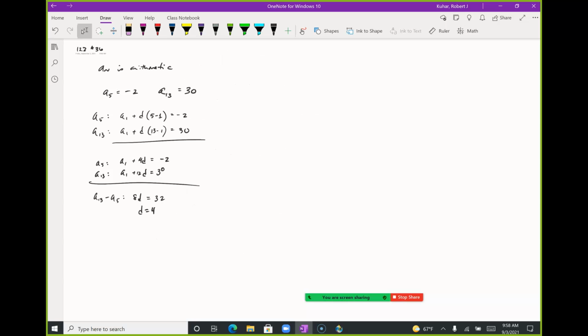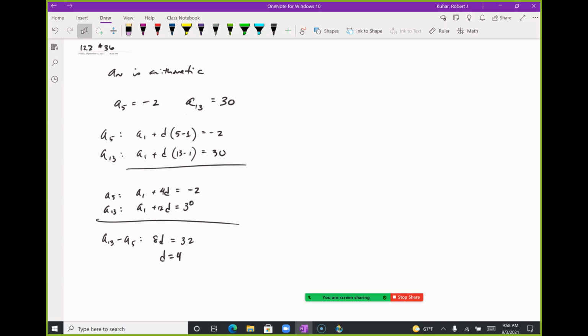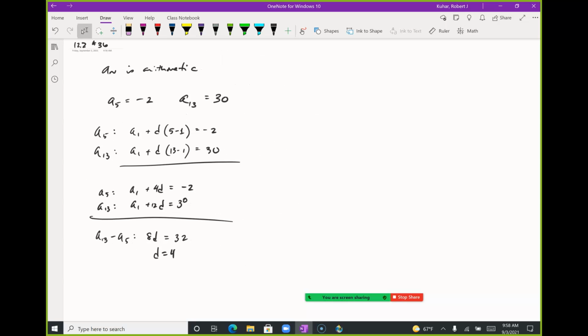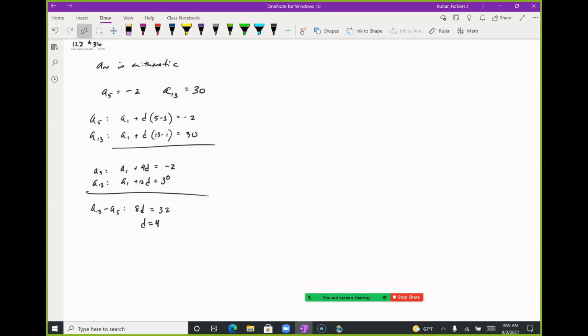So we're working on this problem right here. This is number 12.2, number 36. Did you use 4? Anyone else get 4? Alejandro, that was an accident that it turned out to be 4 again.